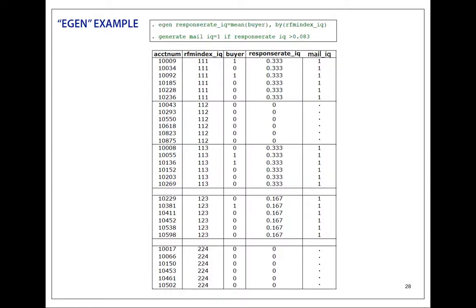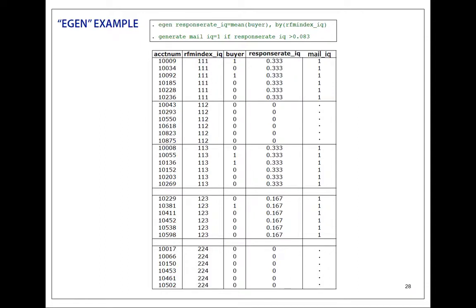So for the group 111, the response rate on average is 33%. So everybody who belongs to the group 111 has this 33.3% as their response rate. We do the same thing for every one of those 125 groups. So here is this egen command.